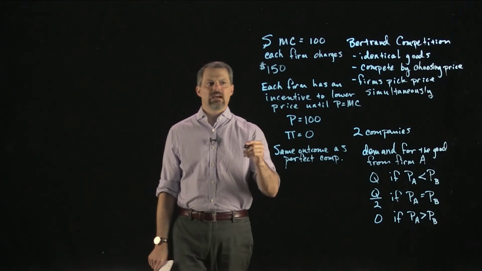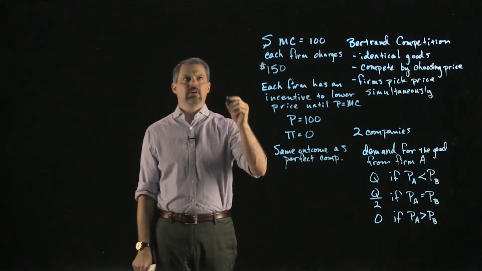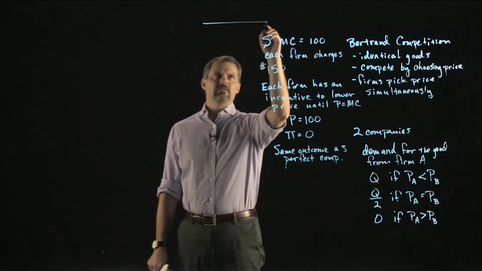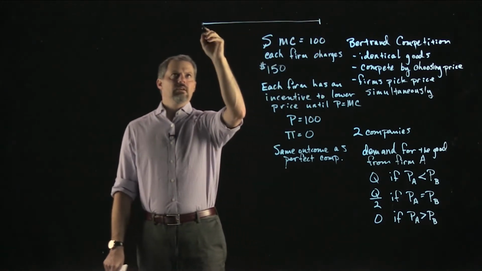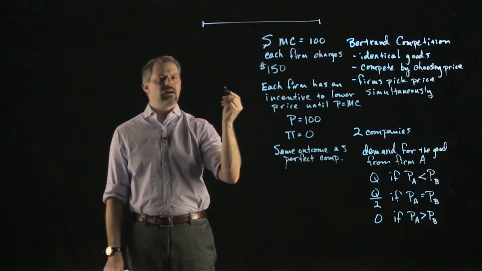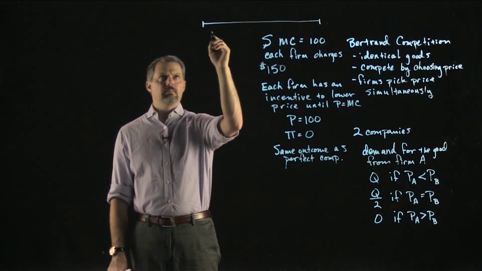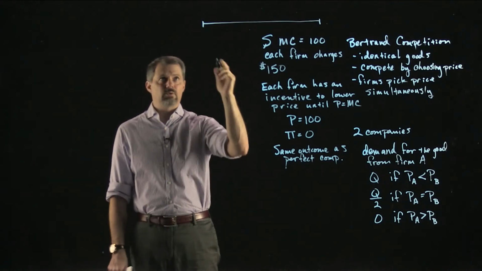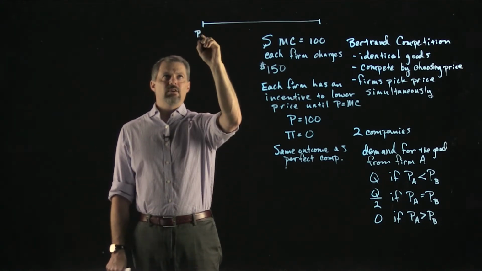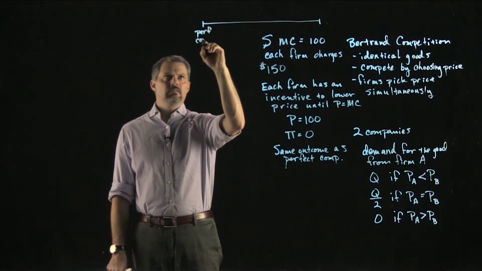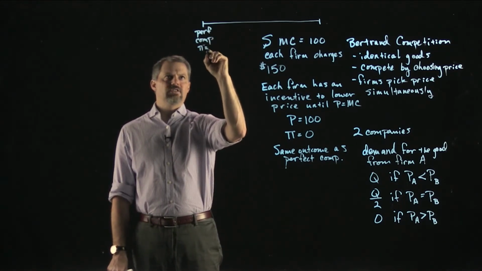So if you think back to the different types of firms that you talk about in a principles class, the same types that we're talking about here, we talk about perfect competition, and profit gets driven to 0.